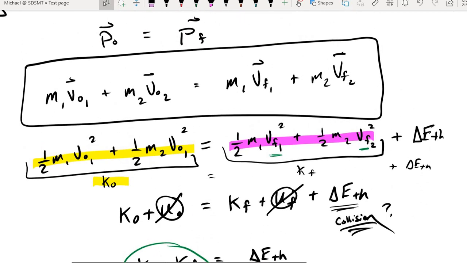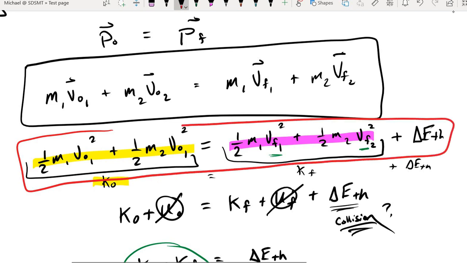Well, the way that we would do that is we would combine everything that we had in this equation and pair it up against the conservation of momentum, because momentum is not energy, and the conservation of momentum is going to be upheld regardless of whether we generate heat or not during this collision.